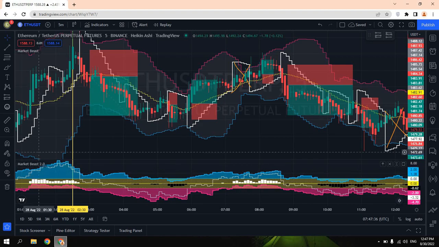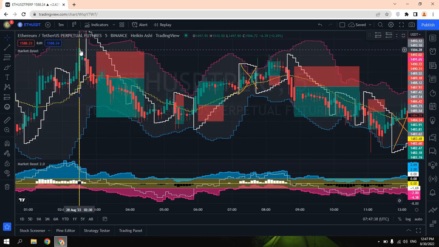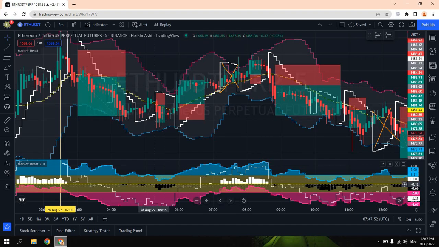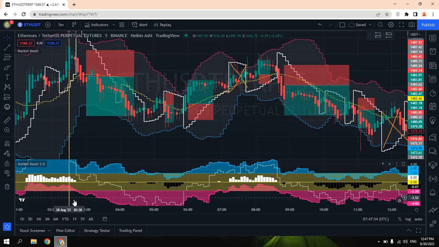So we can see the market is pumping from here. And from here we can see the blue area is decreasing and the pink area is getting dark. Let me zoom in. As you can see, this pink area is light here and from here it gets dark.